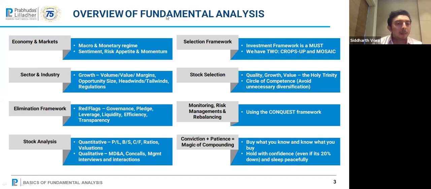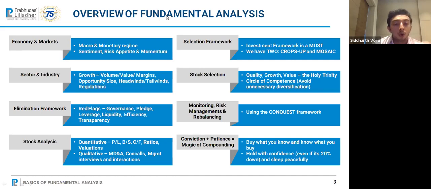Now with databases and technology evolving, you can just go online, search a company. All of these things that I'm mentioning are going to be one click away, whether it's the profit and loss, balance sheet, cash flow, or ratios, including valuations. When I'm looking at the quantitative aspects of a company, I'm going to take you through details of what to look at, but that's going to come ahead.